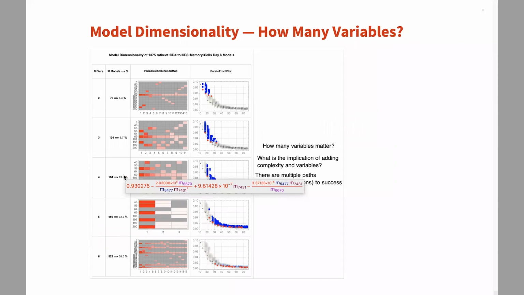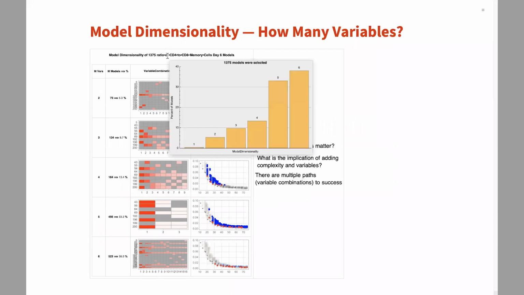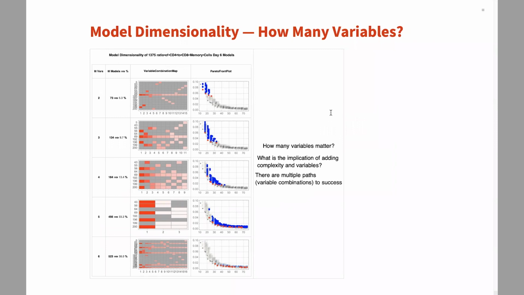So if I look at those 1,000 models, first, one of the questions I want to ask is how many variables do I need? So someplace, 2 variables gets me to better than a 90% R squared. I mean, that's, for a biological system, going to be pretty attractive to me, right?